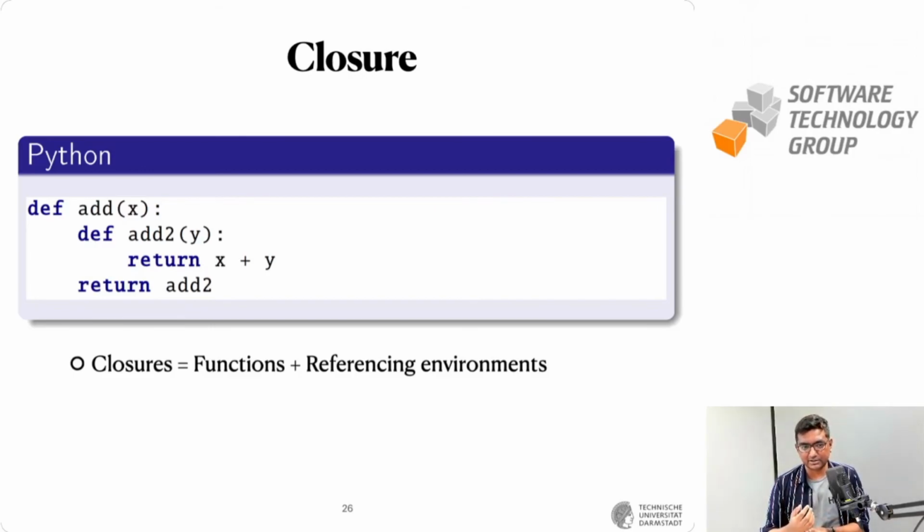of nested functions. Here we have an example in Python where you have an addx and a nested function inside add2, which only takes one parameter y, but it also gets the referencing environment from the enclosing function, which is add. The difference here is that nested function definitions are themselves not closures.